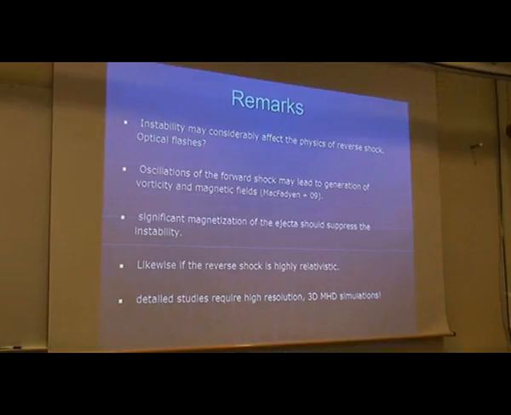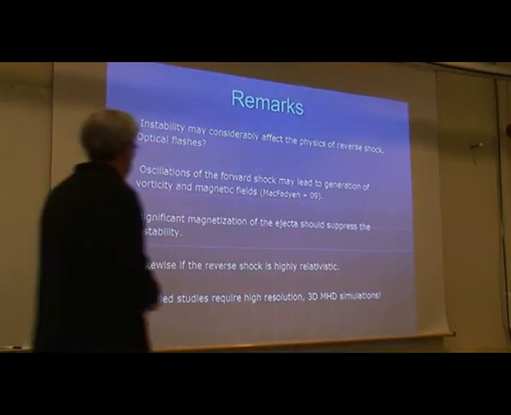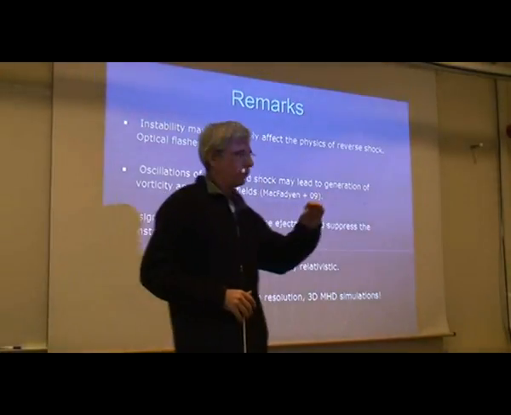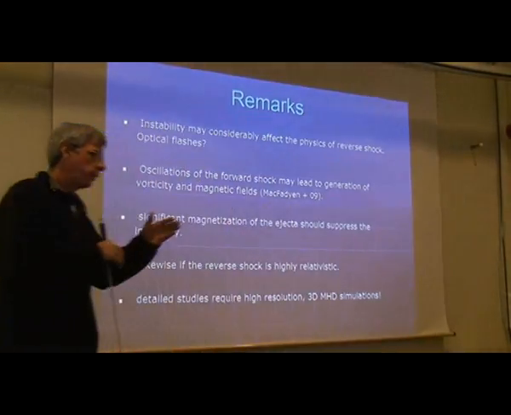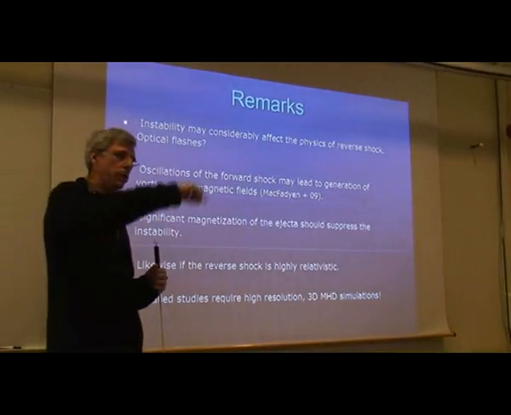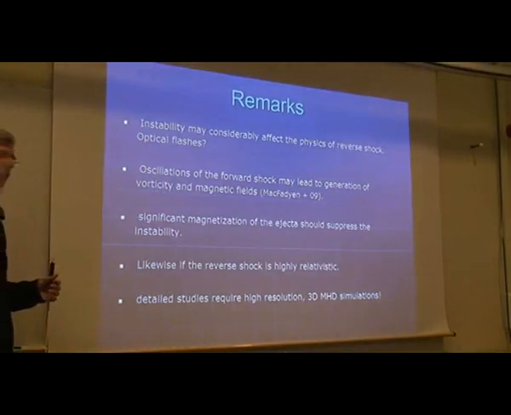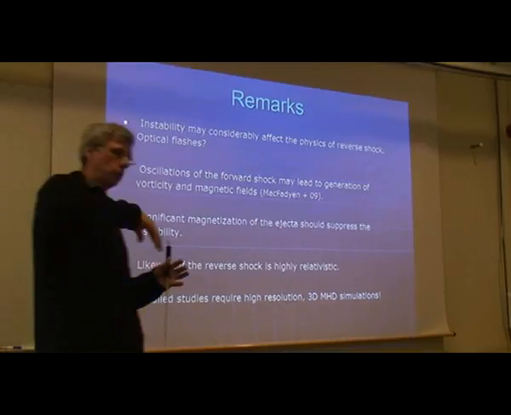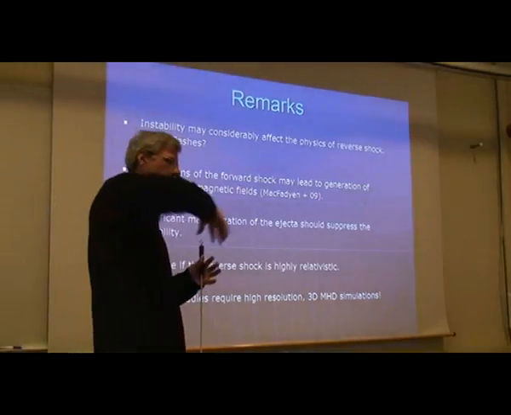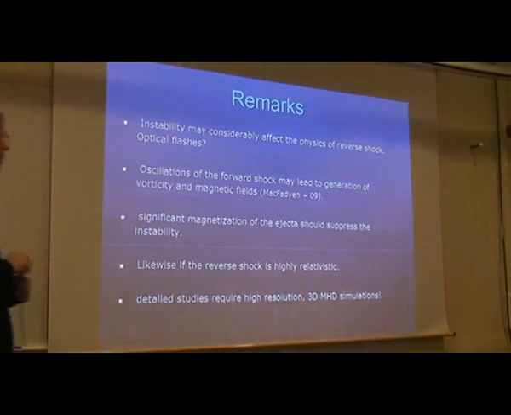But there's one more point: if the ejecta is magnetized but not too strongly, the instability may evolve, and then you mix the magnetic field in the ejecta, even if it's only 1% of equipartition. So you not only amplify, but you actually mix magnetic field from the ejecta into this region.